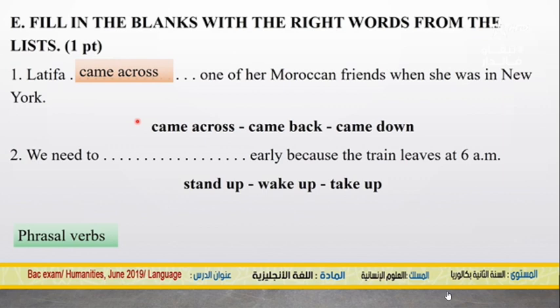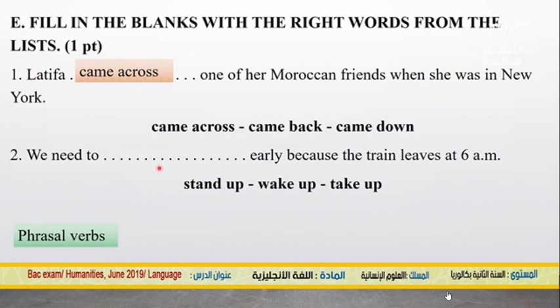Number 2, we need to gap early because the train leaves at 6 a.m. And here we have stand up, wake up, and take up. So this one should be easy for you. So what do you think? Which one should we be using here?